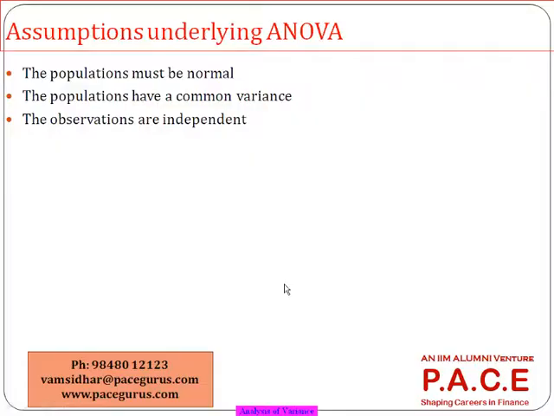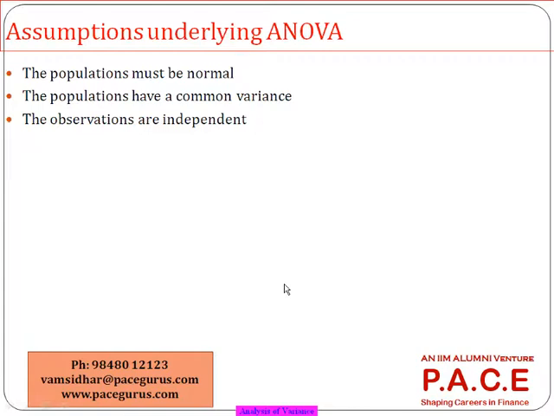Now, if I have to use the ANOVA analysis, a few assumptions are there. In my data also, I'm assuming that the data I'm working with follows all these three assumptions. The populations must come from a normal distribution.